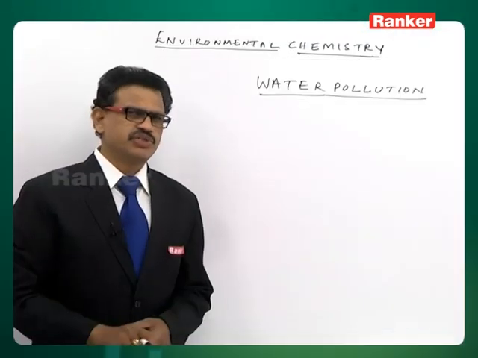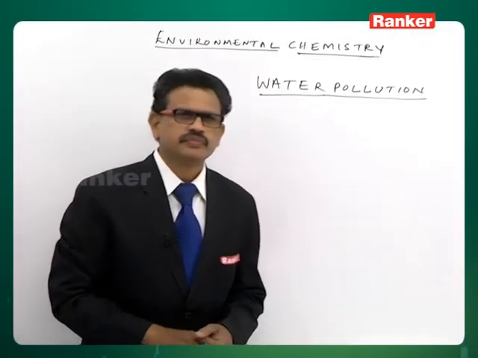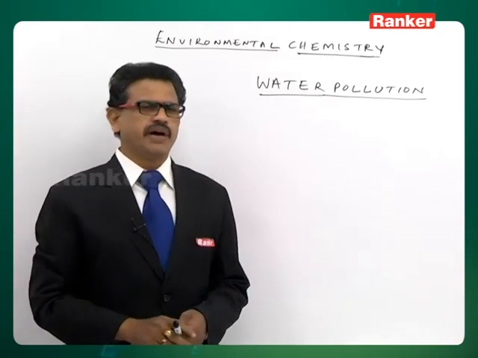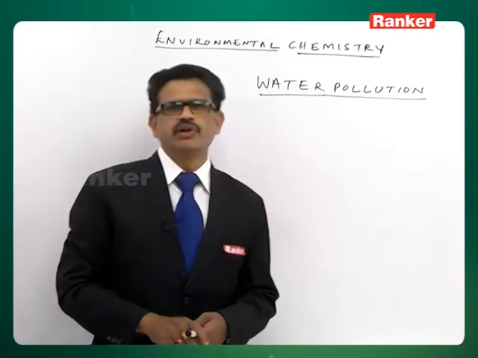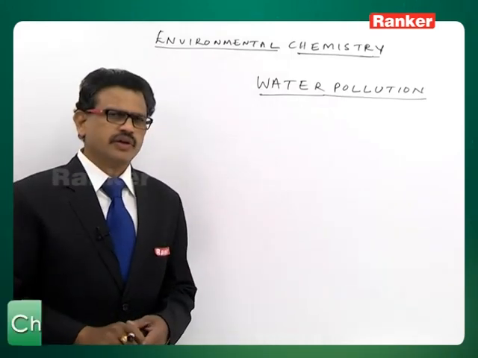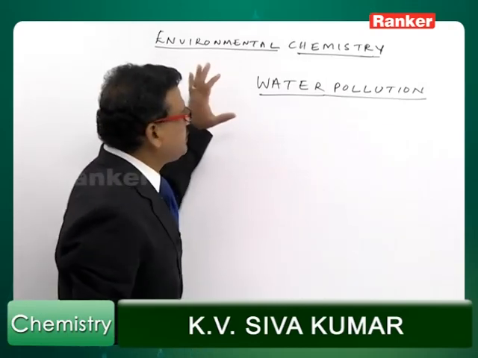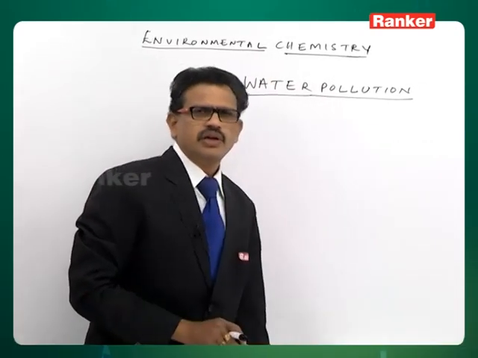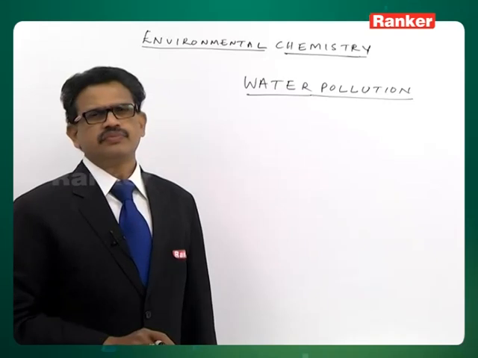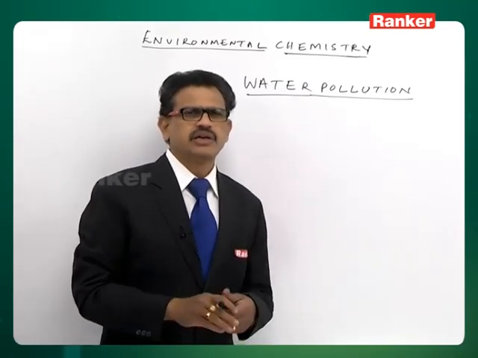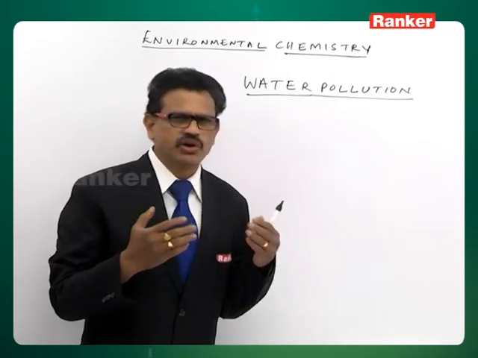In environmental chemistry, so far we have seen air pollution. Now the environment is getting polluted by water also, and even soil. So let us see water pollution now. Water pollution can be recognized by a bad smell coming out of the water.